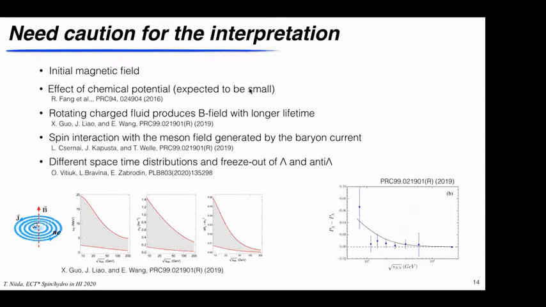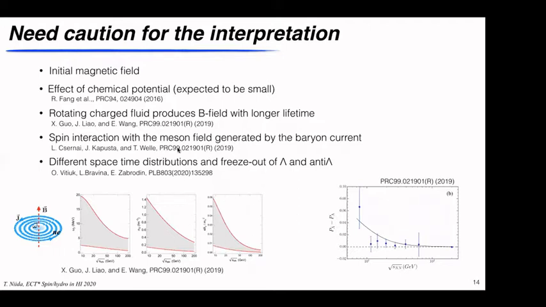Also recently, this paper shows that the rotating charged fluid also produces a magnetic field with a longer lifetime, which also creates the lambda and anti-lambda splitting, although the uncertainty is also large.